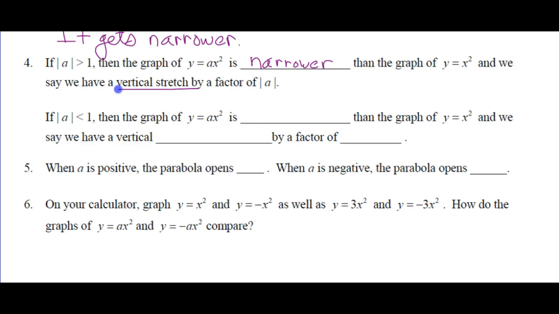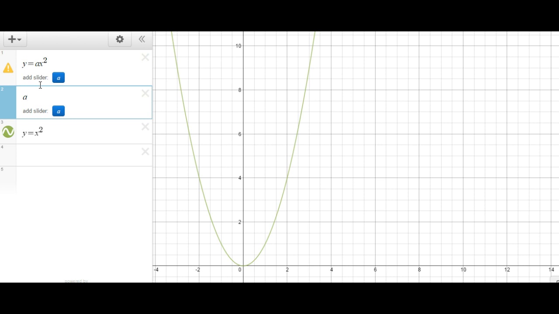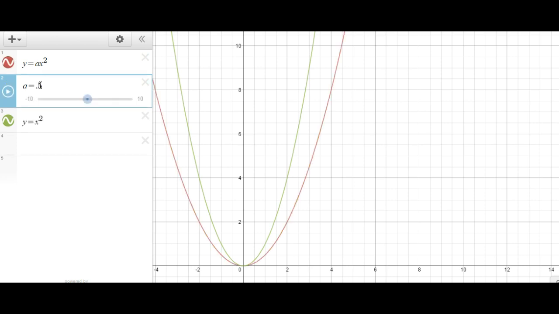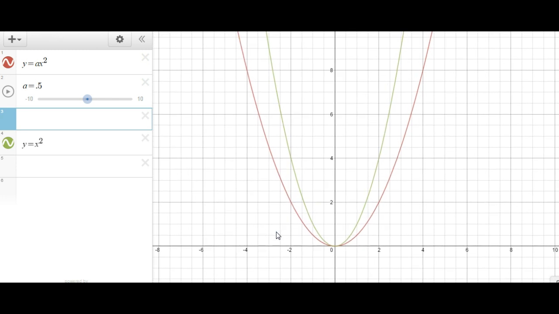If the absolute value of A is less than 1, in other words, like 1/2 or something, let's do that. I'm going to change that to 0.5. And move this back a bit. Remember the green is 1, 1, but now we've got 1 and 0.5.